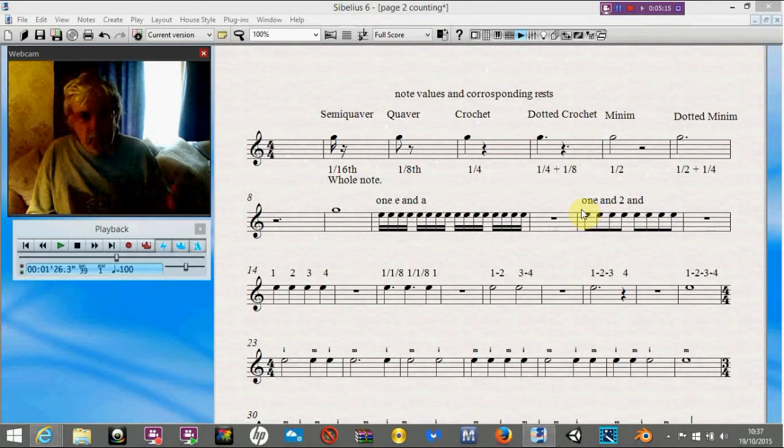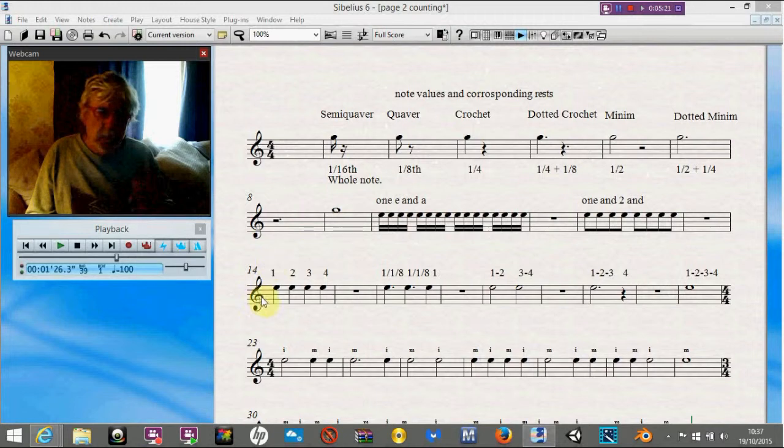Now we have what is actually represented in this meter, 4 crotchets or 4 quarter notes contained within the measure: 1, 2, 3, 4.